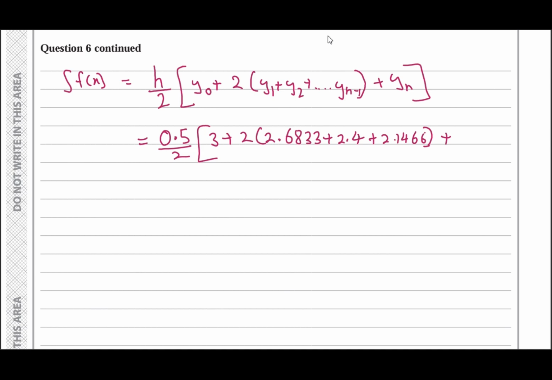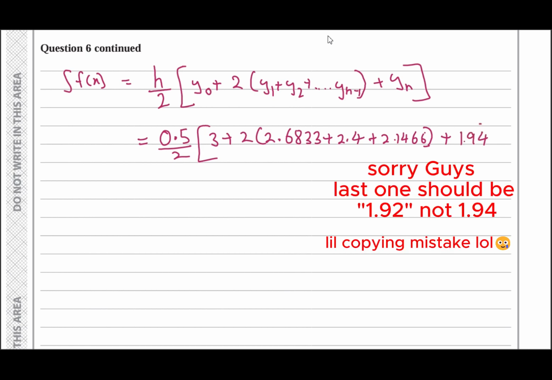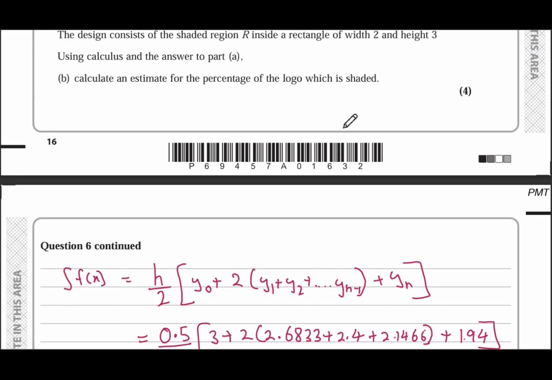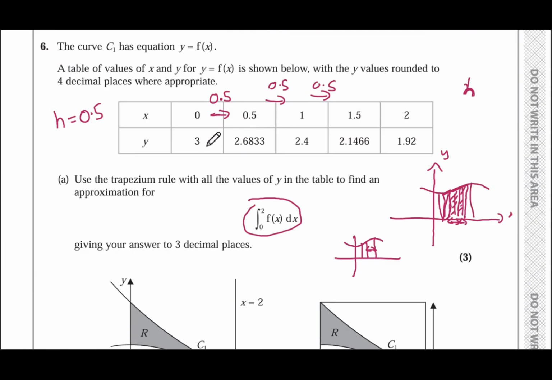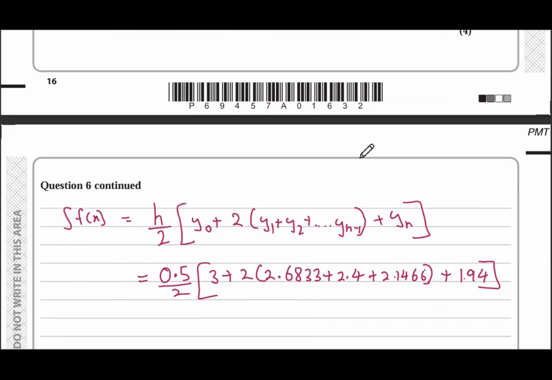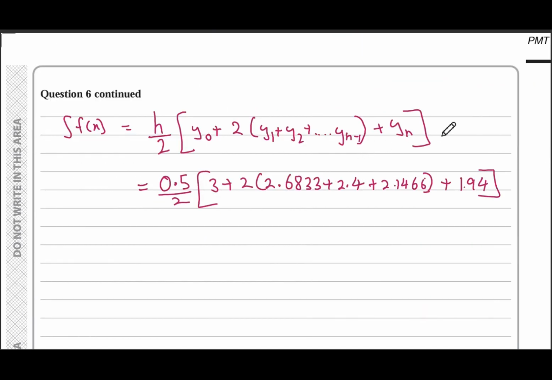The first one, 3, and the last one are alone; all of the middle ones are multiplied by 2. When you put this in the calculator, you get an answer.